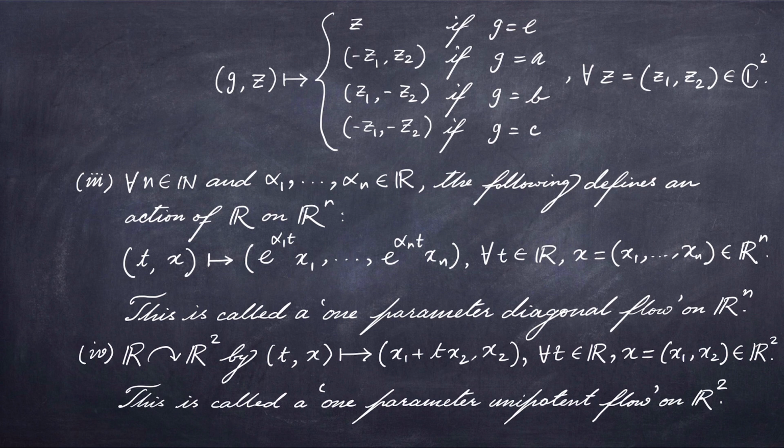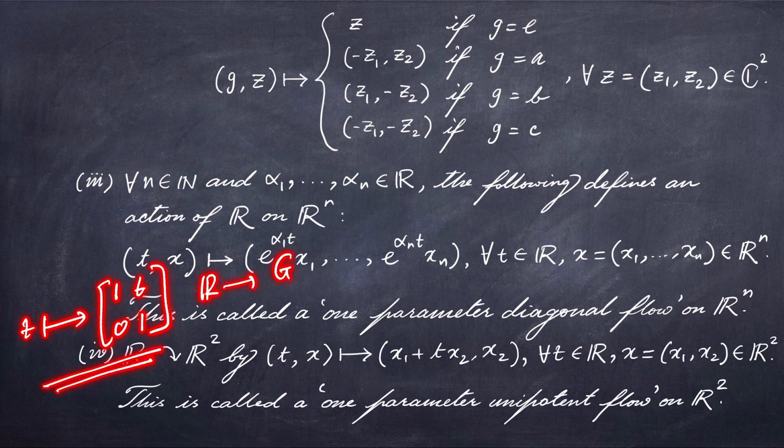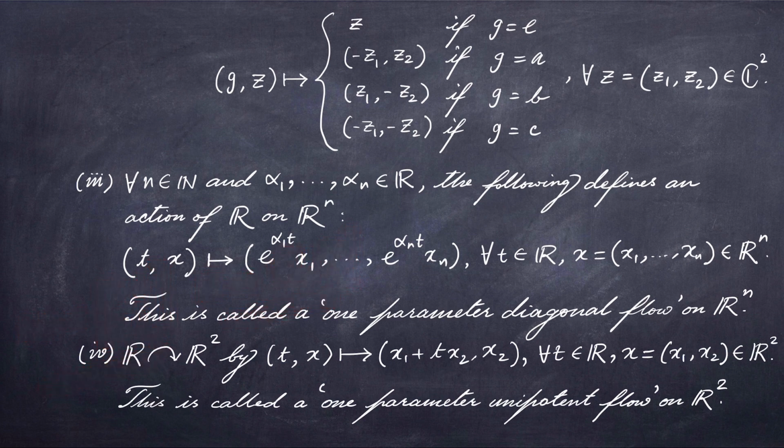Now we look at another action of R, which is on R2. Consider this homomorphism, t goes to the matrix (1 t; 0 1), a homomorphism from R to GL2(R). With this homomorphism, the action on R2 that we obtain is exactly this.